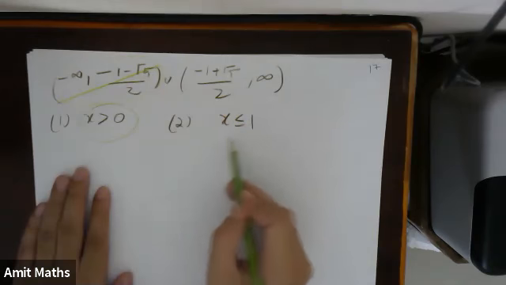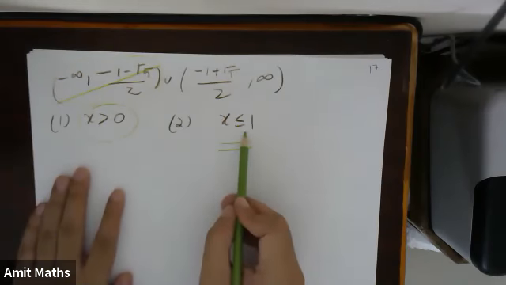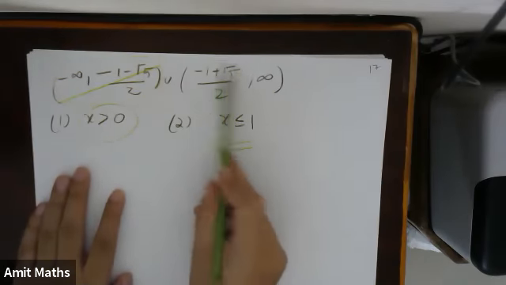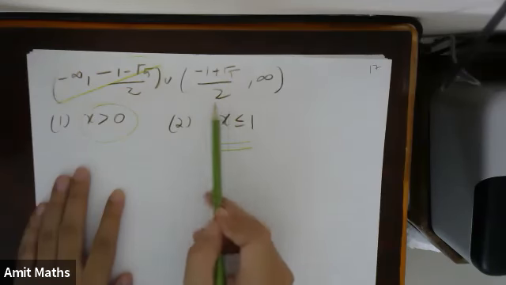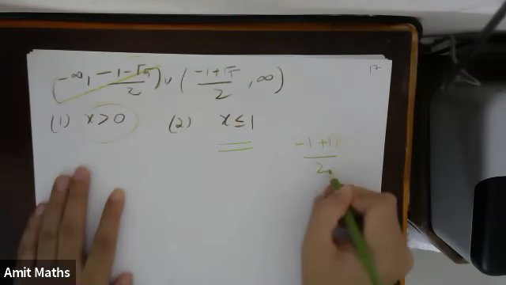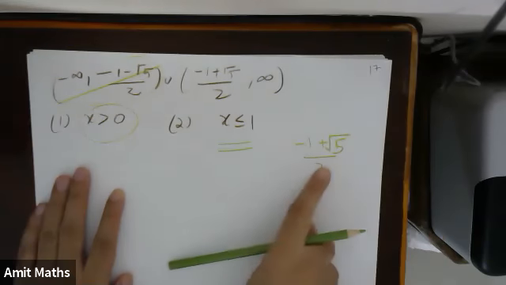Now x should be less than or equal to 1 also. So if x is less than or equal to 1, what is this value, (minus 1 plus root 5)/2? This will be something less than 1.